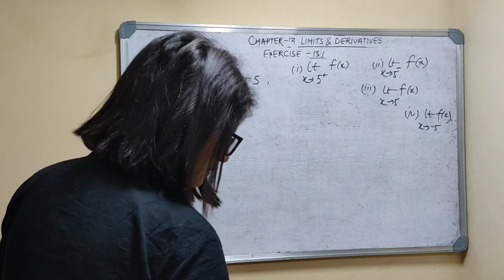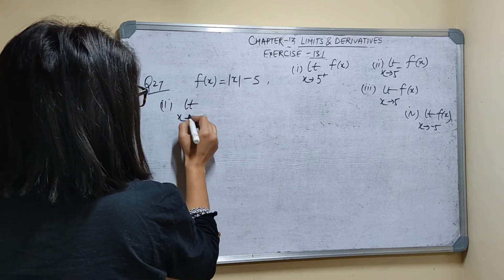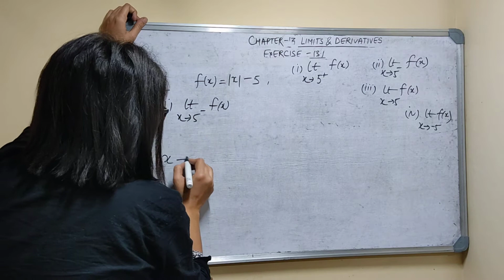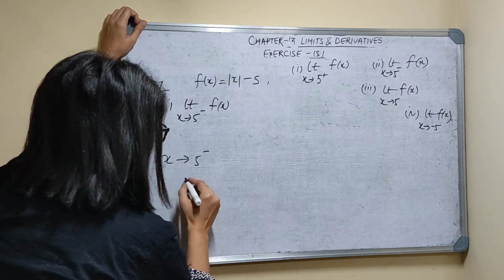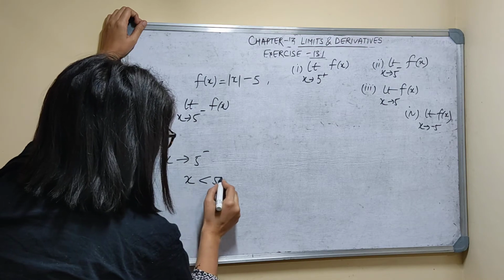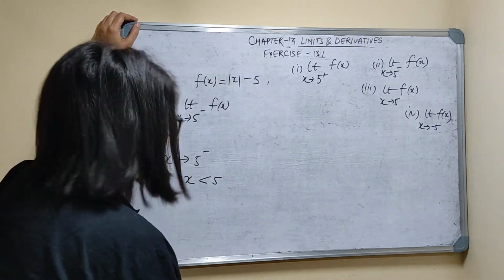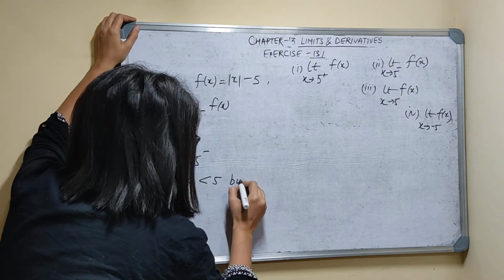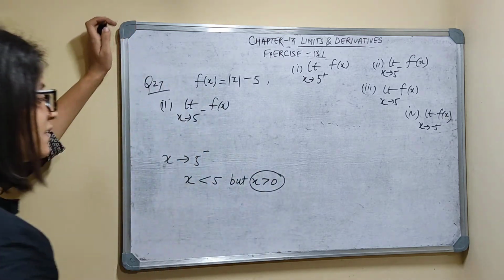Second part you can see, limit x tends to 5 minus f of x. X tends to 5 minus means x is less than 5. That is clear. But x is greater than 0. Why am I writing here x is greater than 0?